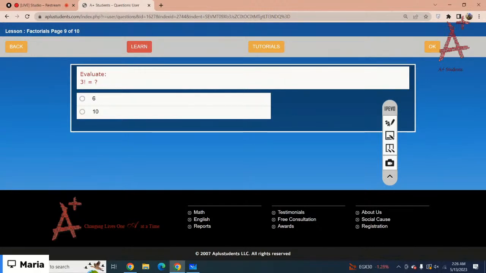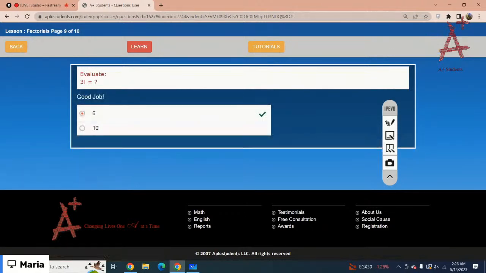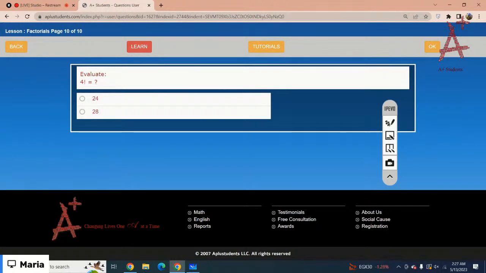Three factorial would be 6. The correct option is 6. Four factorial equals 24. So the correct option is 24.